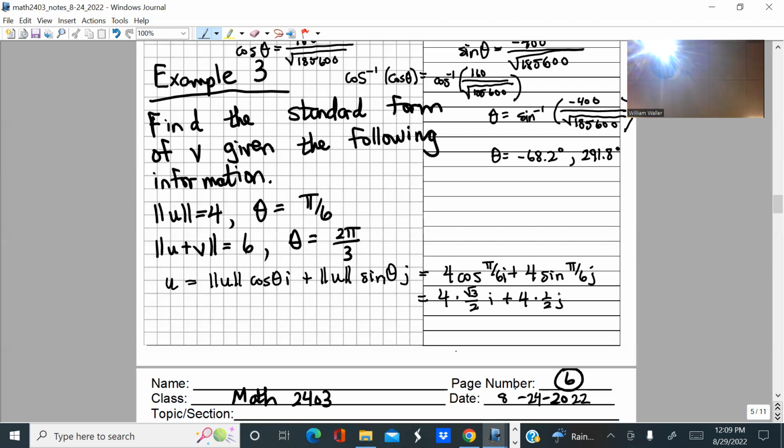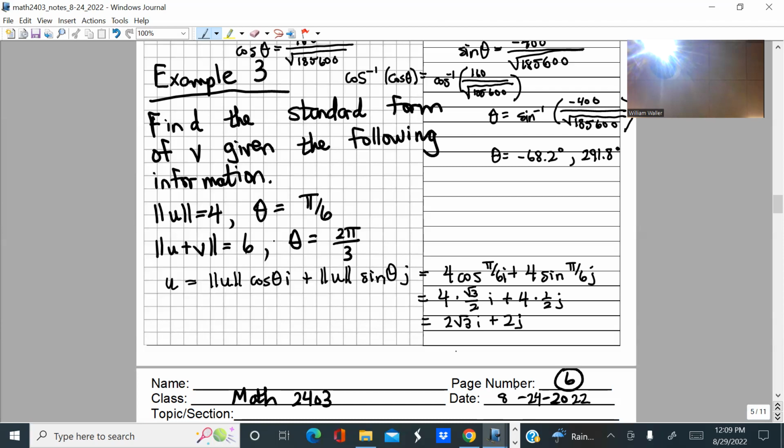So we get a pretty easy vector for u. Since the 2 divides into the 4, you just get 2 times the square root of 3 times i plus, 4 over 2 is 2j. So not a complicated vector. Of course, it's in the first quadrant, because its direction is 30 degrees, pi over 6.